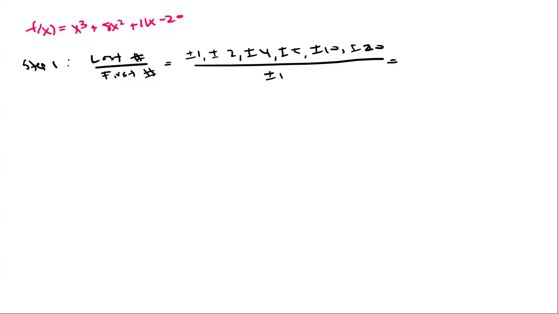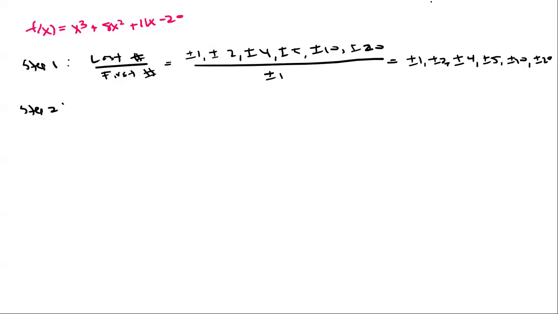So I'm just going to write it down. Plus or minus 1, plus or minus 2, plus or minus 4, plus or minus 5, plus or minus 10, and then plus or minus 20. Okay, so that's step number 1.